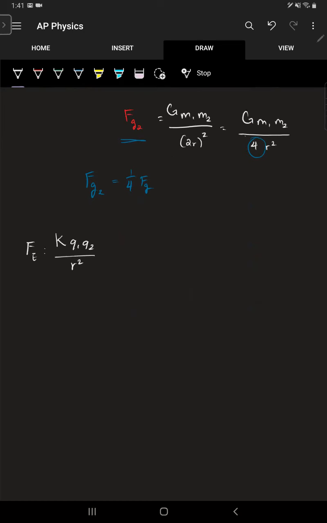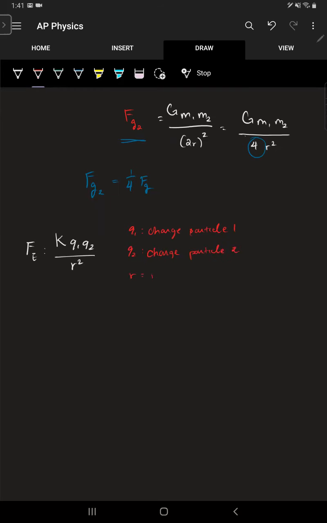It kind of looks identical with different numbers. Q1 is the charge of particle 1. Q2 is the charge on particle 2.